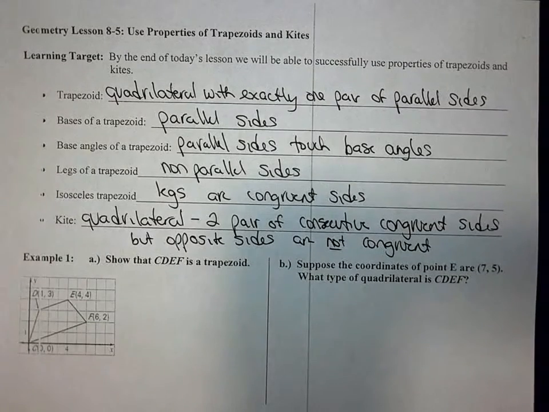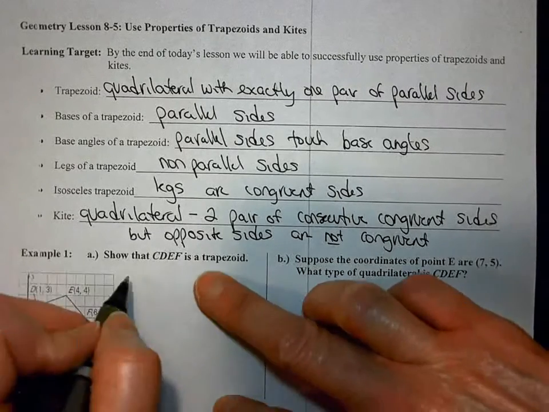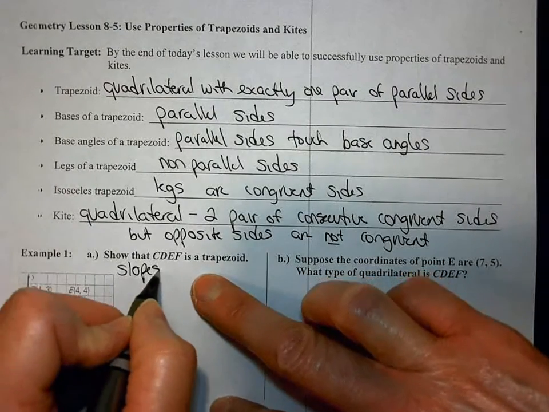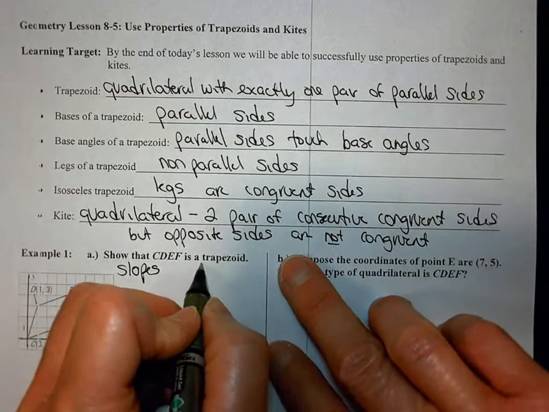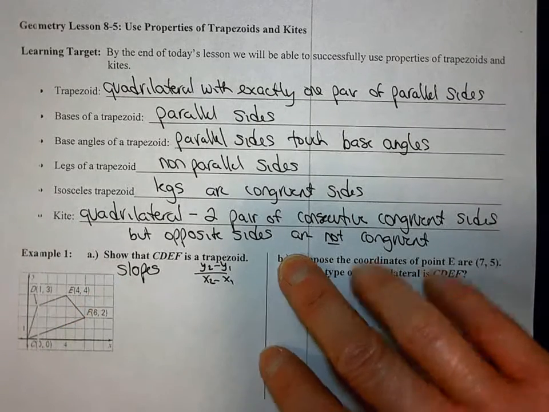Okay, if you look at example 1, show that CDEF is a trapezoid. Now, the only way we can really show that it is a trapezoid is to prove that there's only one set of sides that are parallel. And again, if we're on a coordinate plane, to prove parallels, we need a slope. So remember the slope formula, y2 minus y1 over x2 minus x1.